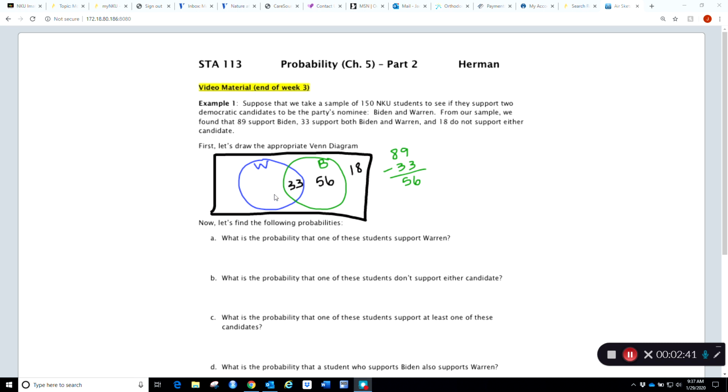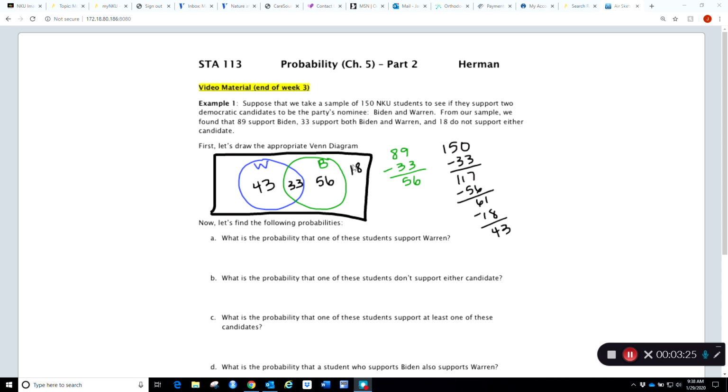So if I look at my picture now, there's only one number I don't know, and that's this piece on the outside for my blue Warren circle. But here's what I also know. There's a total of 150 students. So if I take my 150 and subtract off all those numbers I already have, so subtract off my 33, subtract off my 56, and subtract off my 18, we'll find that that's going to have to be 43 people that are in that piece for me to have my total of 150 NKU students.